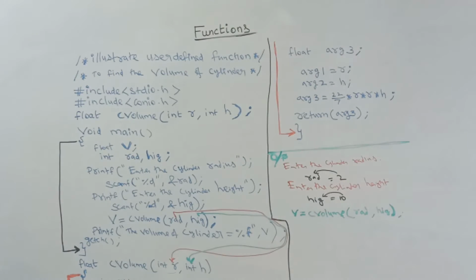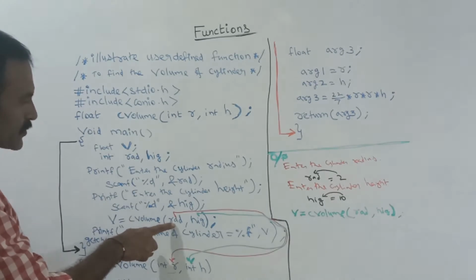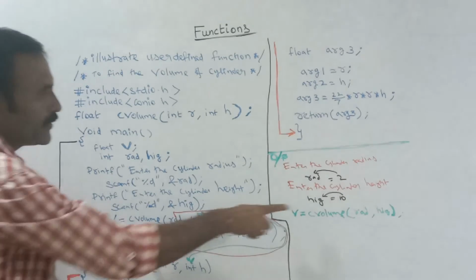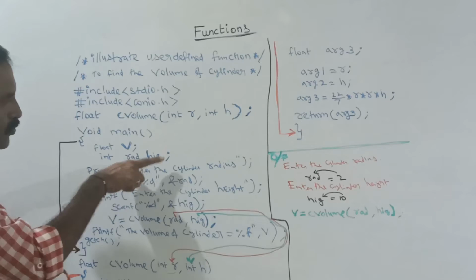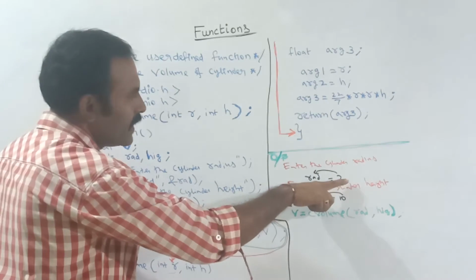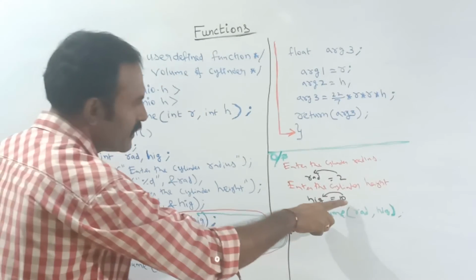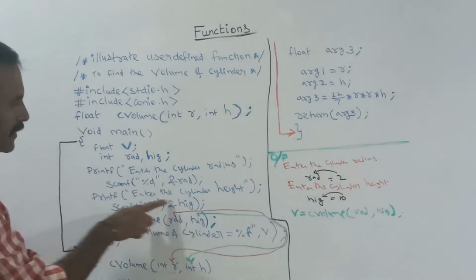So here the first argument I have used for radius, the second argument I have used for height. I have given the value 2 to the RAD variable, and I have stored the value 10 to the HIG variable.